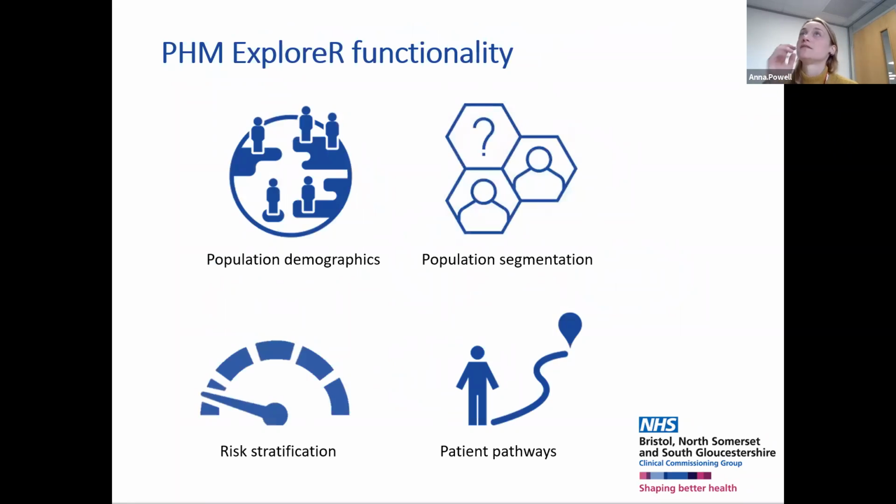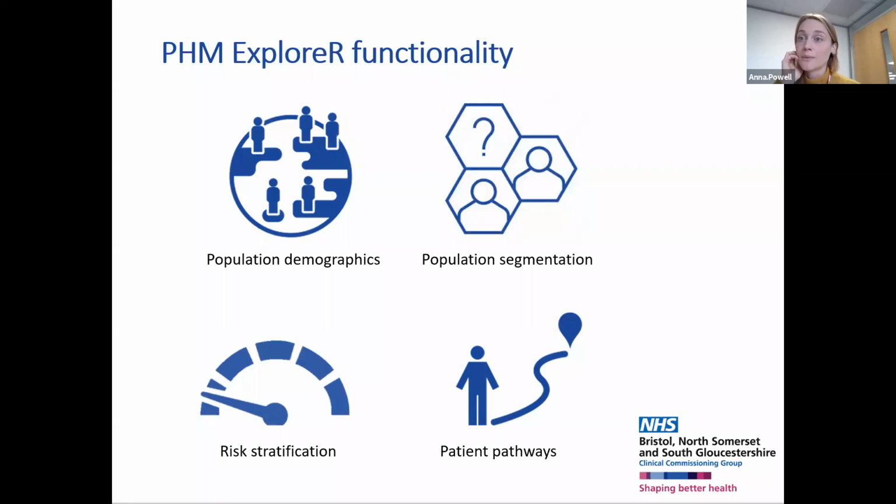So I'm not going to talk about this too much, but these are the key areas that we've tried to focus on in terms of the functionality of the tool. So we have a section which enables us to look at population demographics. So the age of the population, the sex of people in the population, and things around deprivation, etc. And we've also embedded capability for population segmentation.